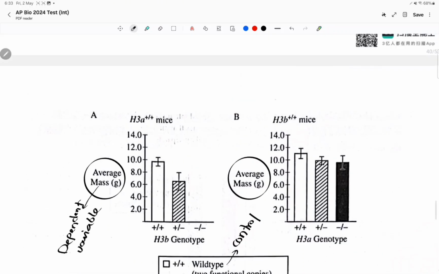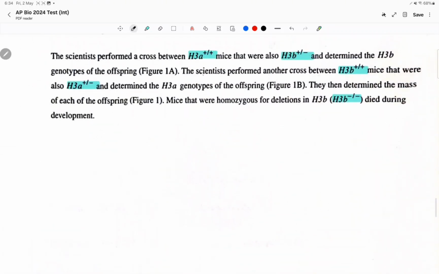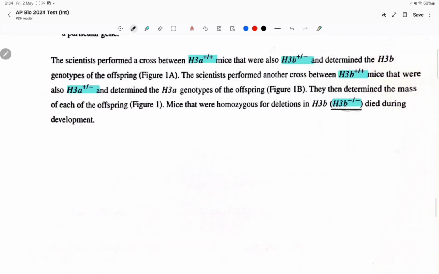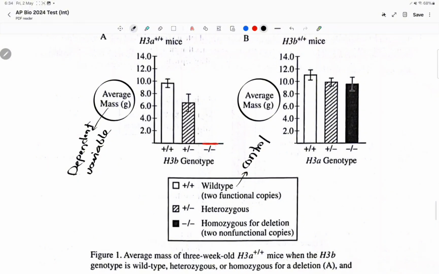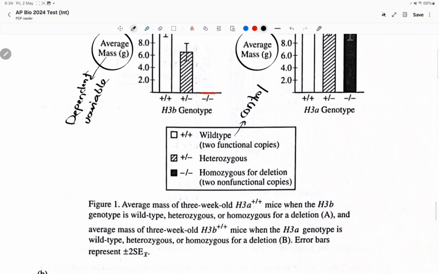Okay, and if they were H3B minus minus, they died. That's why here H3B minus minus has essentially no mass because they just died. They were doing this on 3-week-old mice.